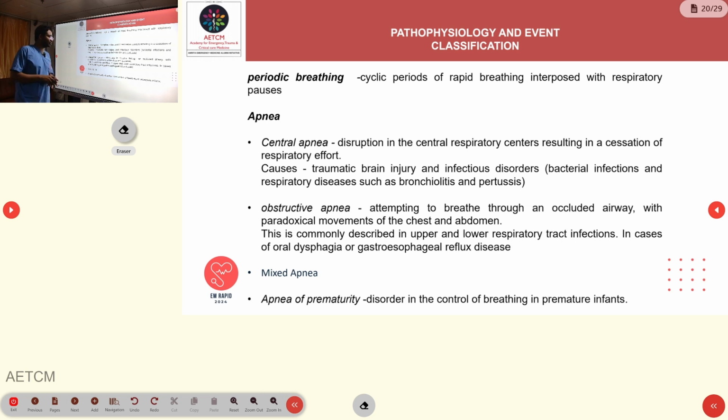The next one will be obstructive apnea, that is due to occluded airway, which is most commonly seen in upper and lower respiratory infections and also in cases of dysphagia and GERD. The next one will be mixed apnea. The other one which is most commonly seen in premature babies is the apnea of prematurity.